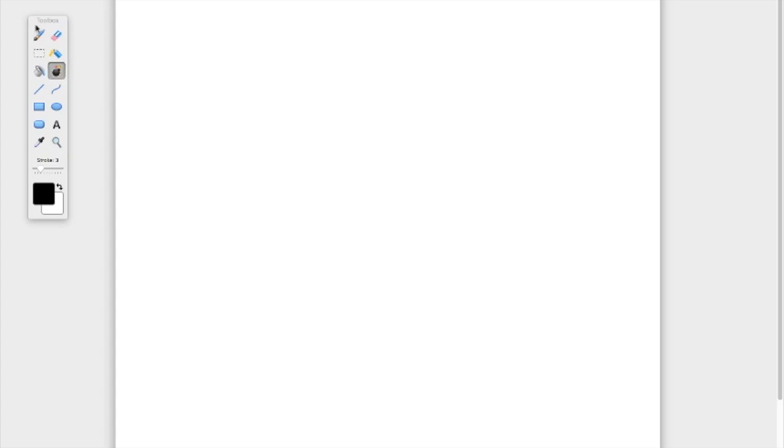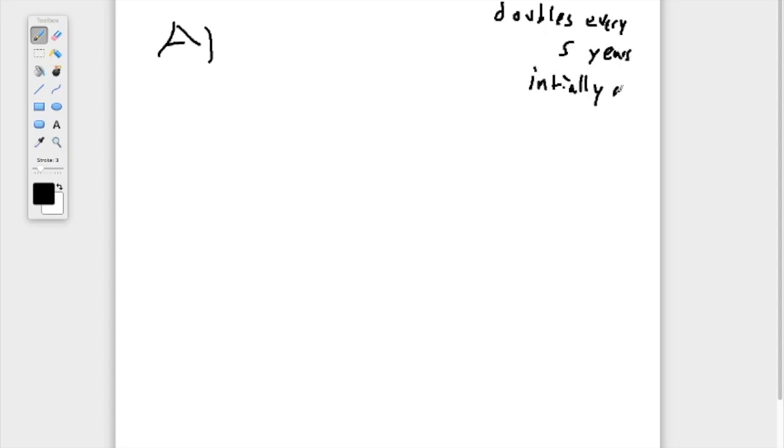Alright, so for part A, we're basically trying to find C and k. So we know that it doubles every 5 years, and initially it's at 6 billion.